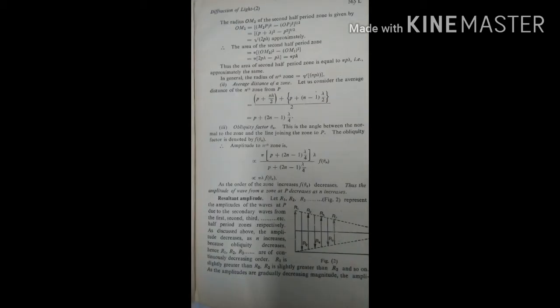The area of the first half-period zone is pi times OM1 squared, equals pi times (M1P squared minus OP squared), that is pi times (P lambda plus lambda squared by 4), which is approximately equal to pi P lambda.